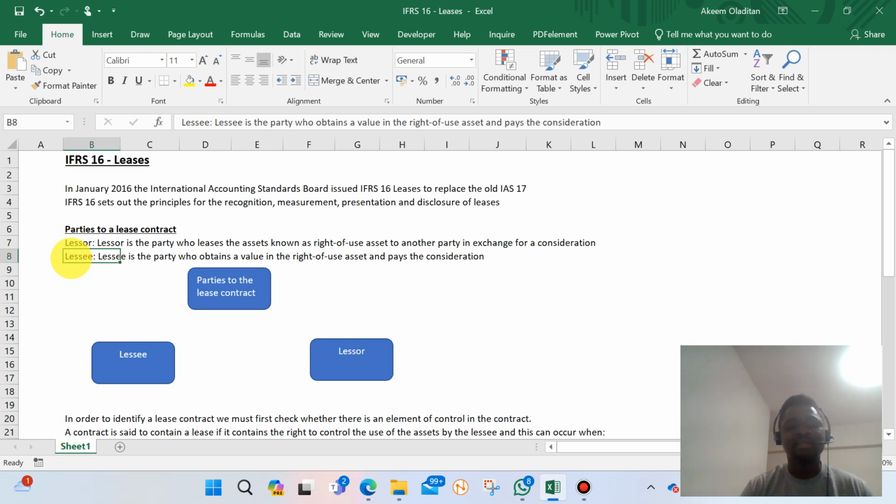While the party that receives the right of use asset, has the right to the use of the asset, and in turn pays consideration, is who they call the lessee.